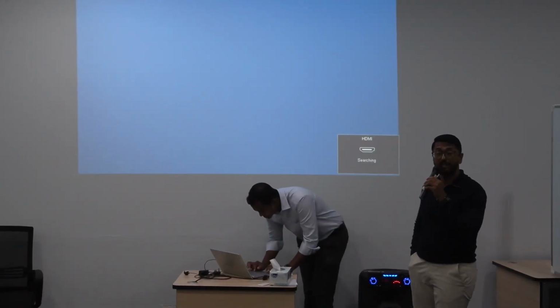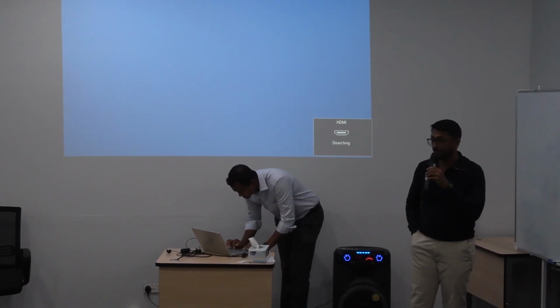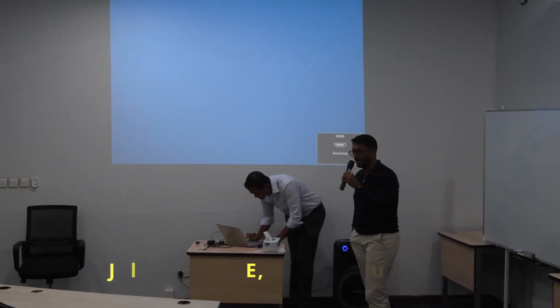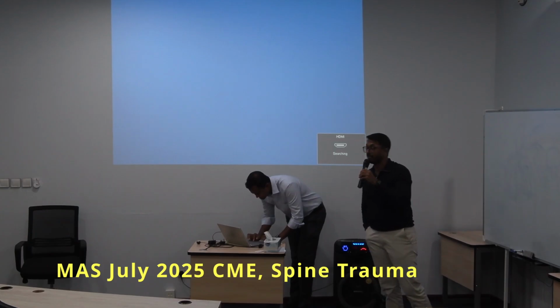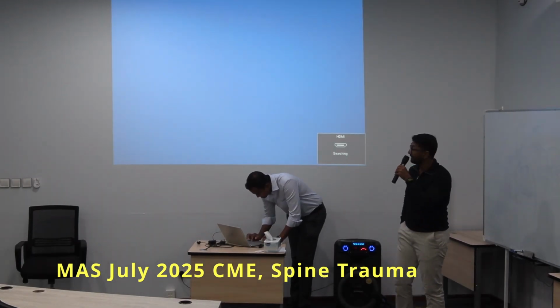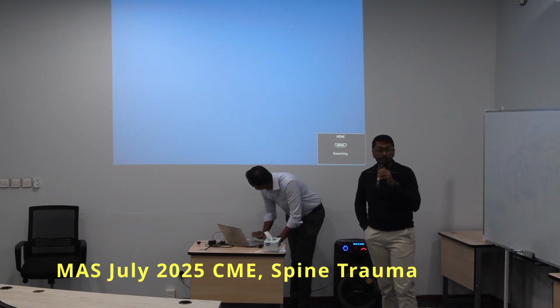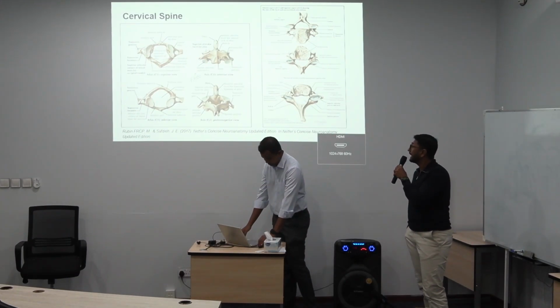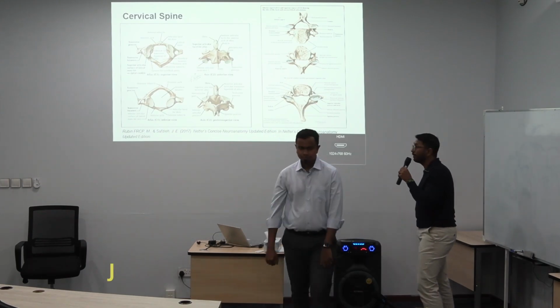C1, which is also known as the Atlas, named after the Greek god that carries the planet on his shoulders, lacks a body. Basically, there's a large foramen and lateral masses. The axis, what's unique about it is that it has a dens, a large projection that goes up superiorly, like a divorced portion of the C1 vertebra.